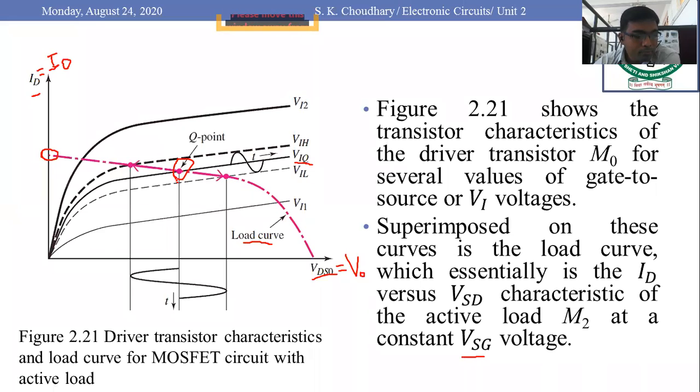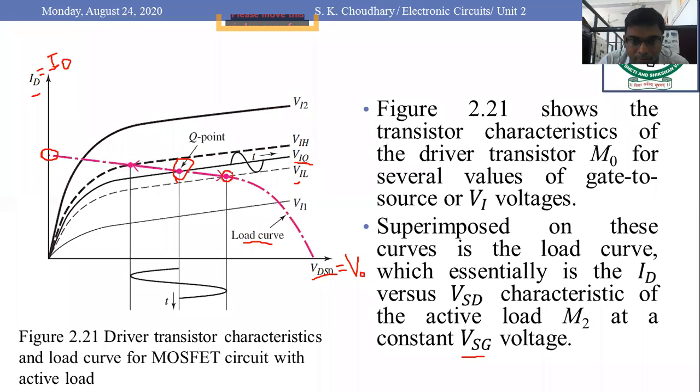Now, the Q point shown here corresponds to the quiescent point input voltage VIQ, and we see that as the input changes from VIL to VIH, the Q point moves upward and downward.